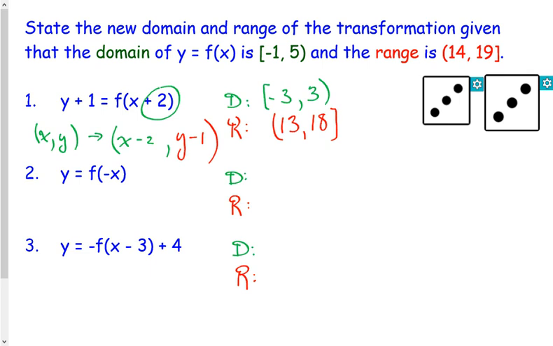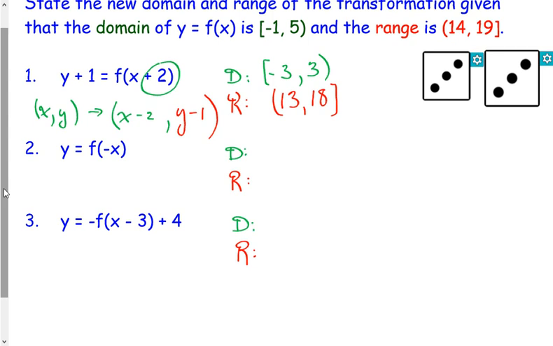Cushman, could you help me with the domain for this one? Okay, so it'll want to switch the order, so we have the smaller one on the left, -5 and 1. And what brackets do each of them get? Square bracket here, rounded there.